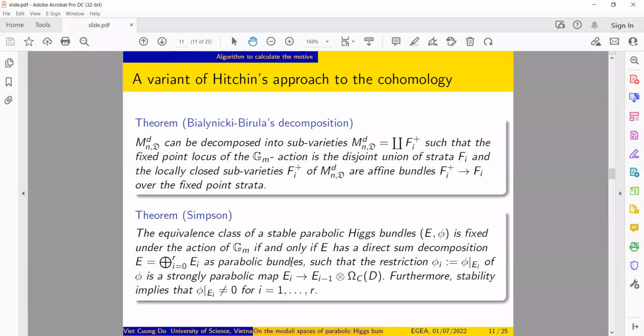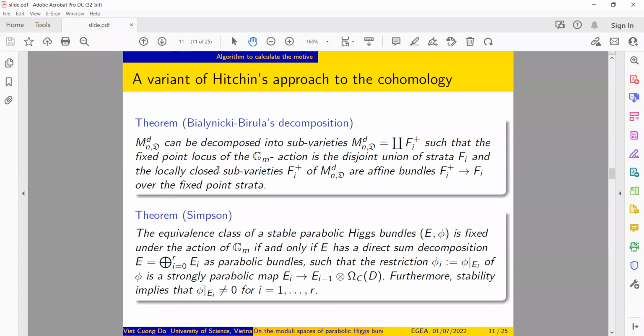He takes the G_m action on the moduli space of Higgs bundles, and he stratifies it by some smaller spaces, and each smaller space has a relation with the fixed points of the G_m action.